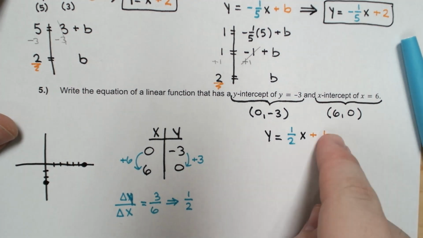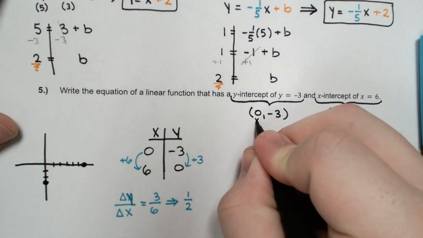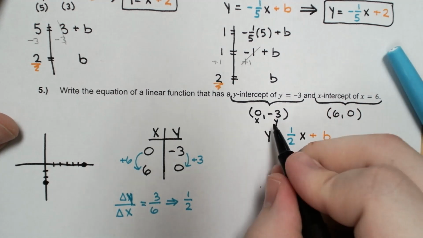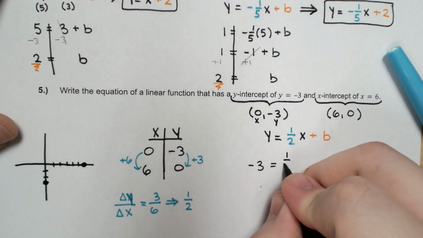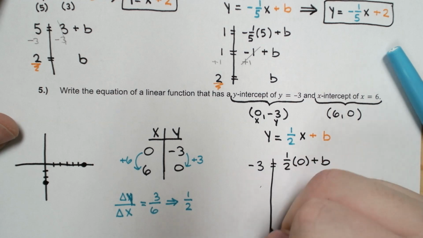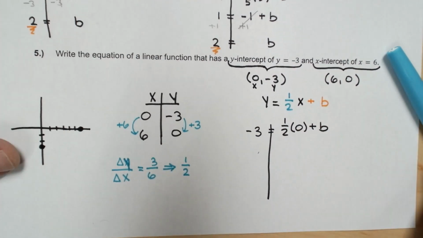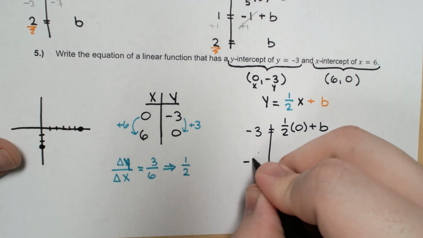They picked one of these 2 points, and they said, let me use 0, negative 3, plug in negative 3 for the y, plug in 0 for the x, and pretty simply they solved for b. 1/2 times 0 is 0.